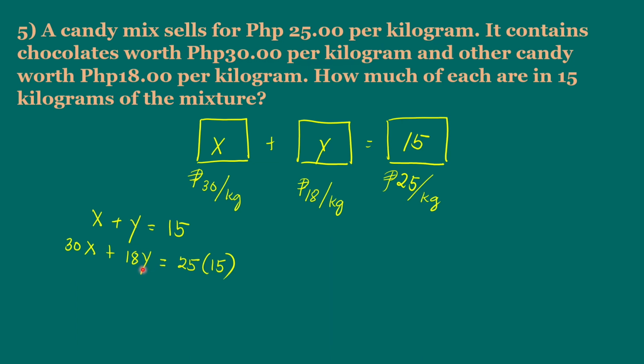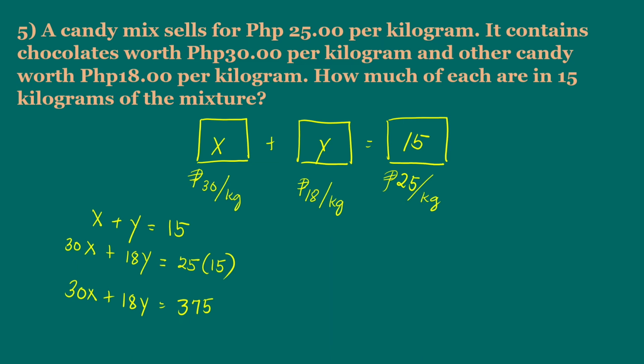This one. Okay? And then, 25 pesos per kilogram yung mixture natin, which is 15 kilograms in the given. So, what we can do here is to multiply 25 and 15. So, that will give us 375.